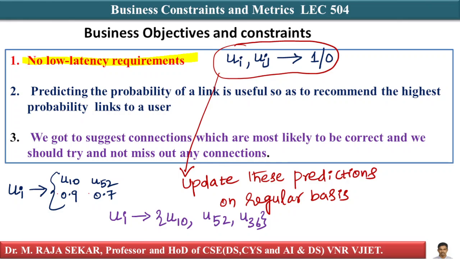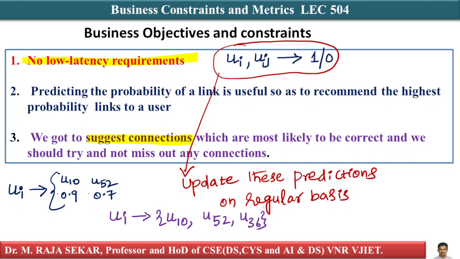Let me assume UI following U52 with a probability of 0.7. These probability values help me in ranking, isn't it? So we want to actually have the probability scores of a link being present.